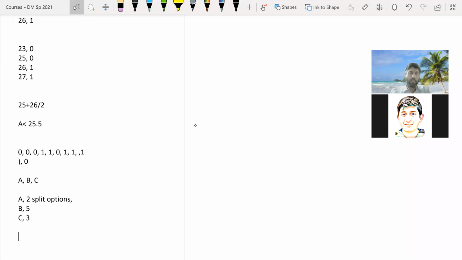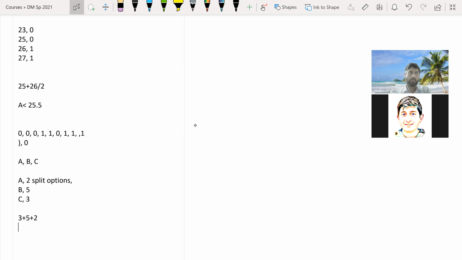So we will check 3 plus 5 plus 2 options, and among these, the one which gives us the least entropy after the split is the one we will select. Okay? Any questions?